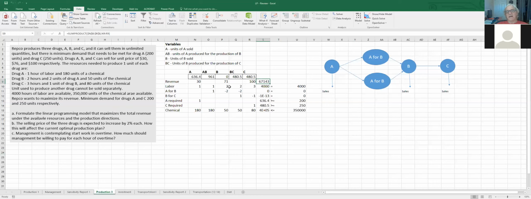And now, as I do that, I'm using all the 4,000 units here because the constraint was equal to, so no wonder. And now let's look at the question on B. The selling prices of the 3 drugs are expected to increase. So the selling prices are here, 1 and 2 and 3. 2% in each.